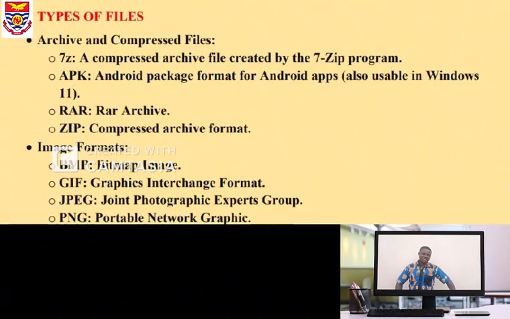As we continue with the file system, we have another sub area of the file system, that is types of files. An example of types of files: archive and compressed files. Under archive and compressed files, we have 7Z, compressed archive files created by the 7-Zip program.